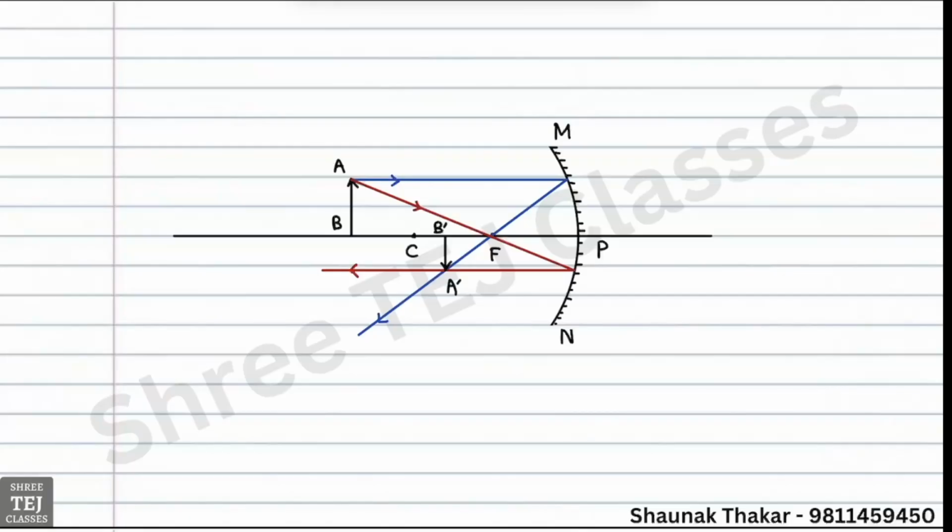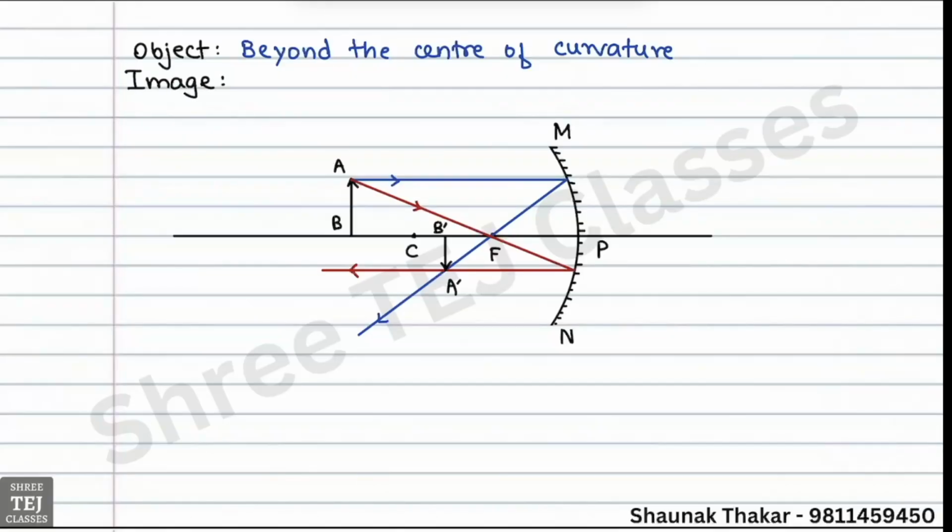Let us write the details. So object beyond the center of curvature. Image between focus and center of curvature.